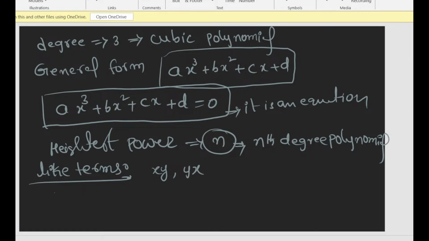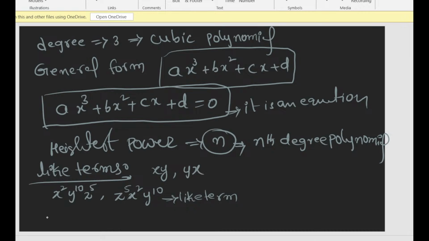For example, x square, y power 10, z power 5 and another term z power 5, x square and y power 10. Here the variables are the same and their degree also the same, so this is called a like term. Just remember this.